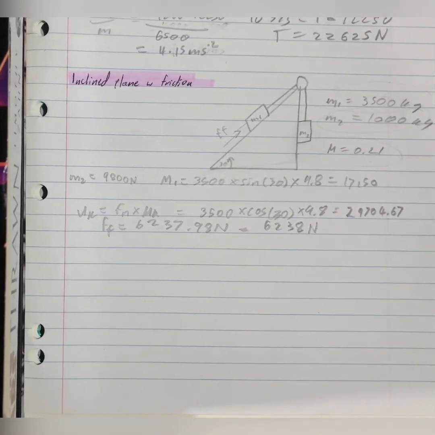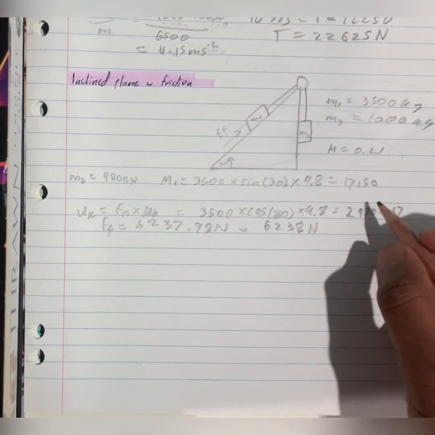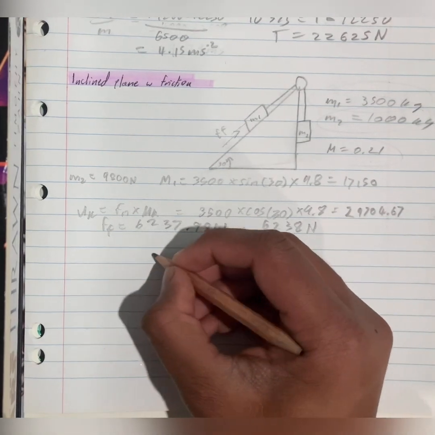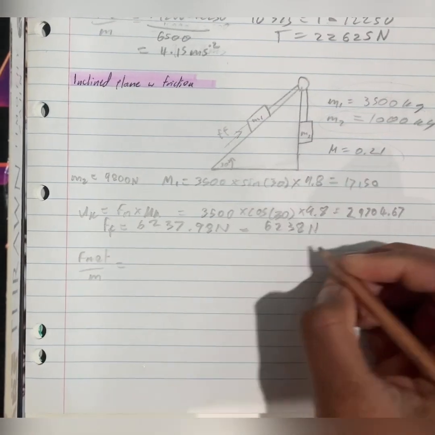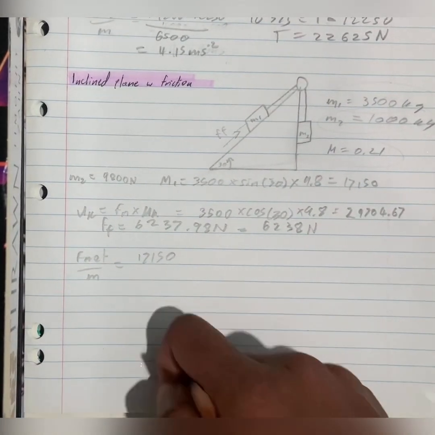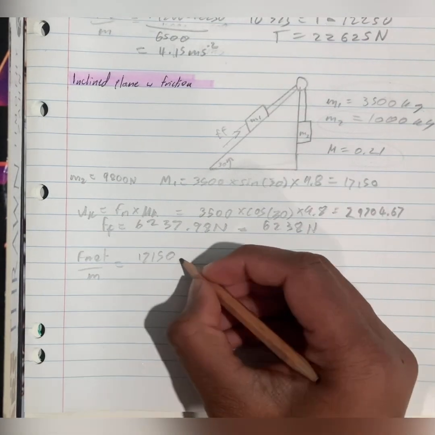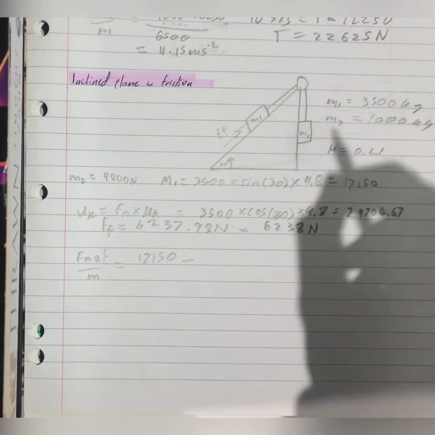Okay, now, this is the part where we can calculate acceleration. So, we know that our total downwards force is 17,150. So we'll put that. So F net over mass, as always. So 17,150 will be our downwards force. But obviously, we need to take away the 1,000 kilogram force that's coming downwards.